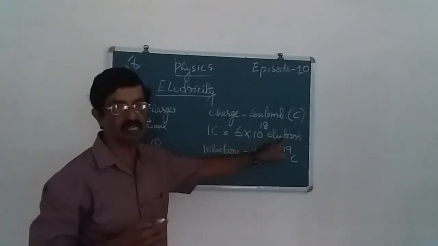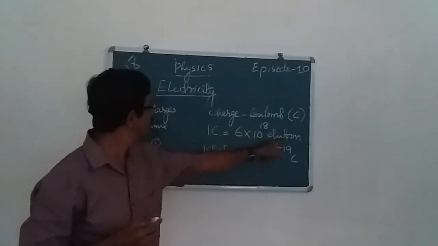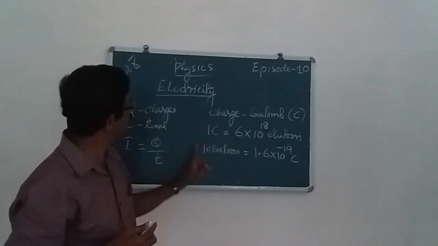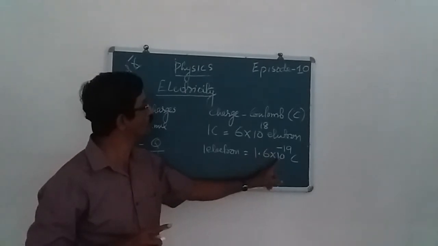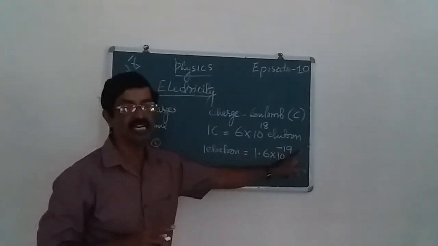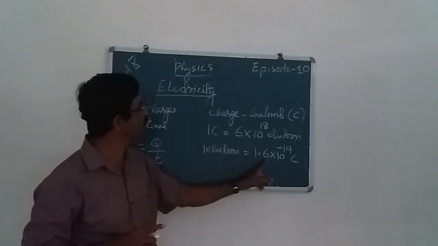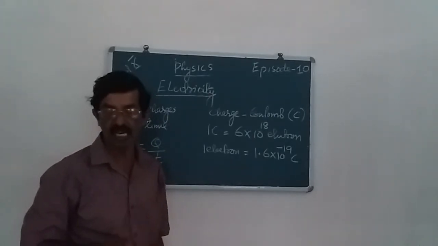And the charge of 1 electron is equal to 1.6 into 10 raised to minus 19 coulomb.